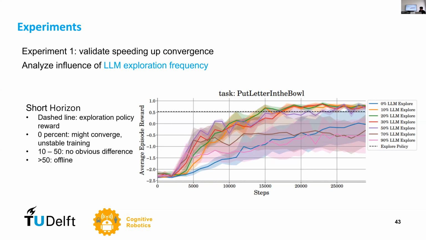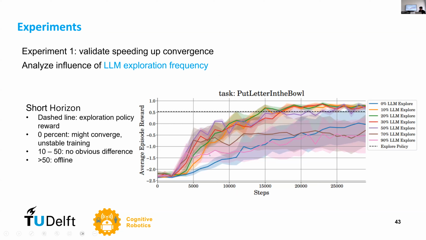And as you can see, it can sometimes converge, but sometimes it will also fail because the variance, the blue region, is huge. And when the exploration rate goes from 10% to 50%, there's no obvious difference between them, and they can all converge and work beyond our baseline.